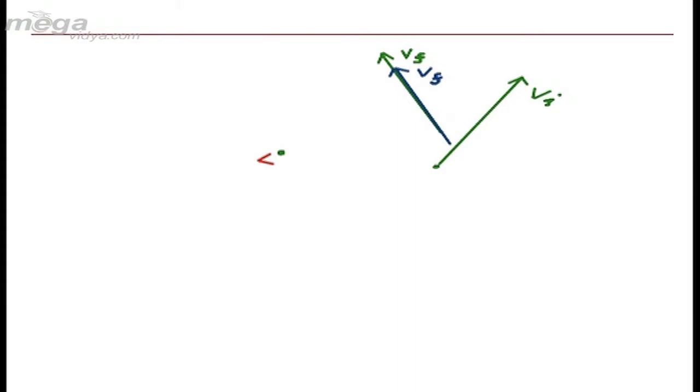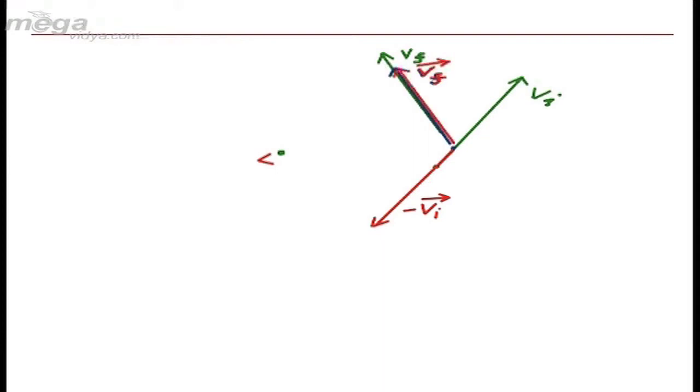So just see, I have just inverted the initial velocity vector to form the negative of V initial. As we know, this is a vector and this is also a vector.